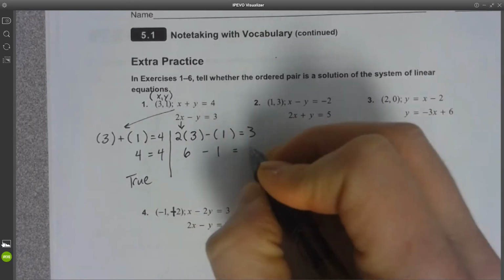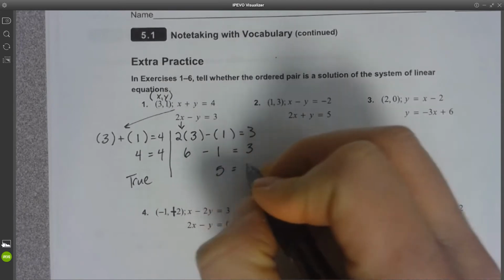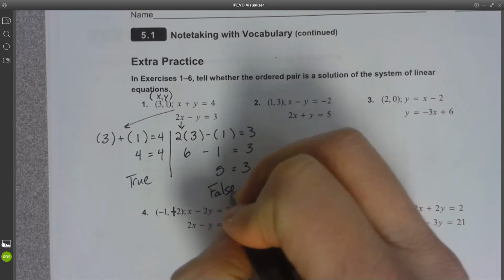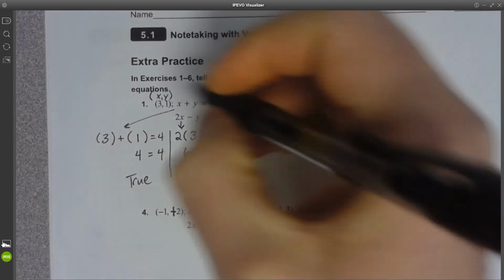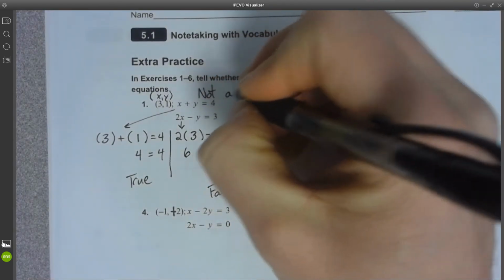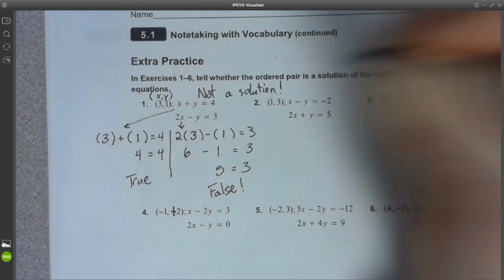And 6 minus 1, well, that's 5. Does 5 equal 3? It does not, so that's false. So that tells me that that point, 3, 1, is not a solution. It's not a point that's on both lines.